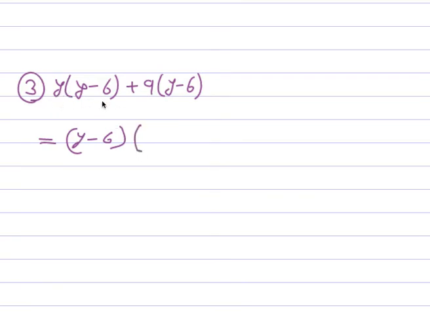From here we took out the bracket portion, so just y is left, plus here y minus 6 bracket portion we already took out, so plus 9, and this is the answer. Very simple questions these are.